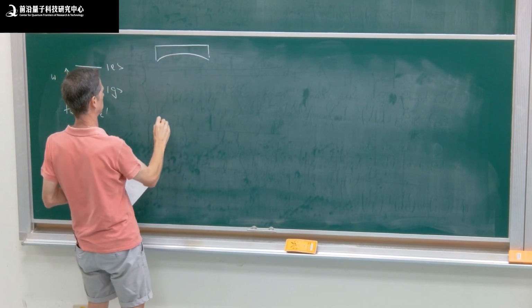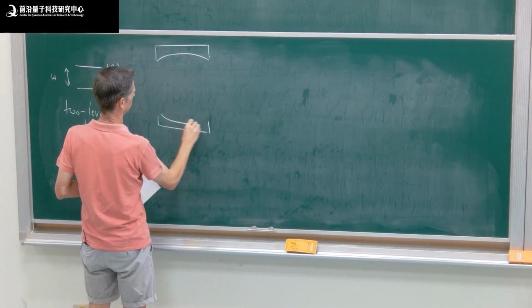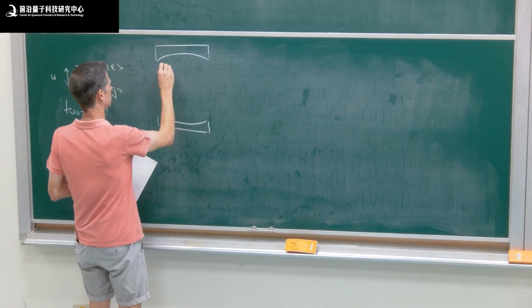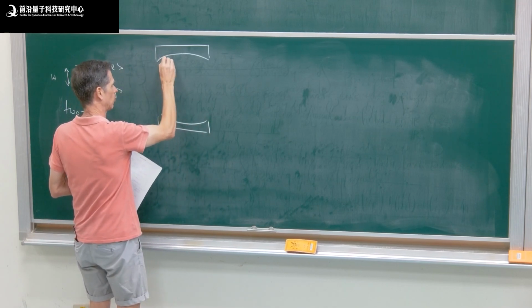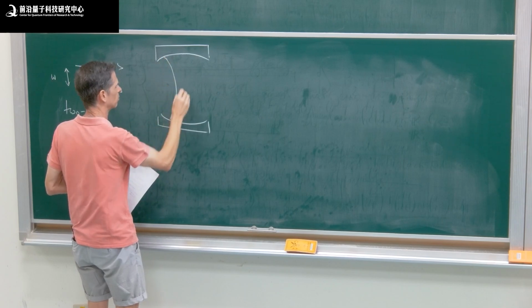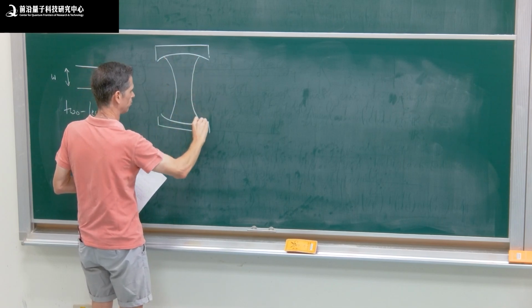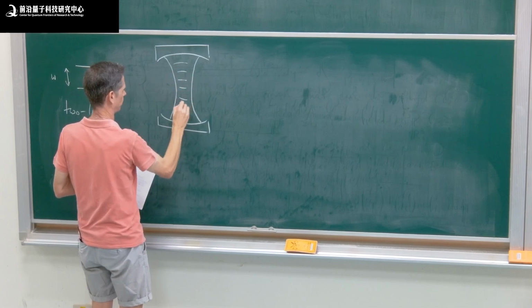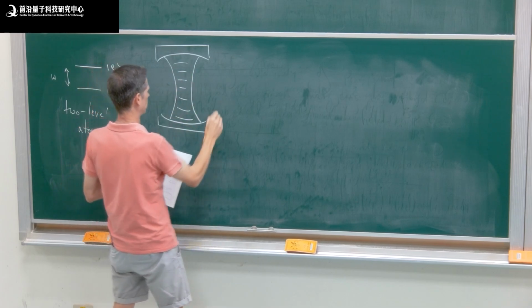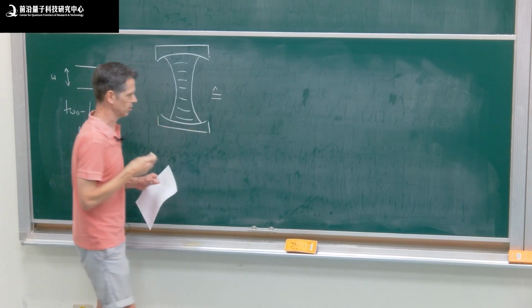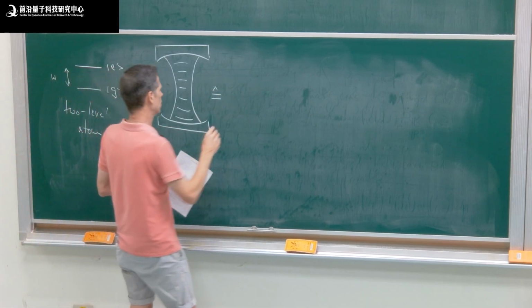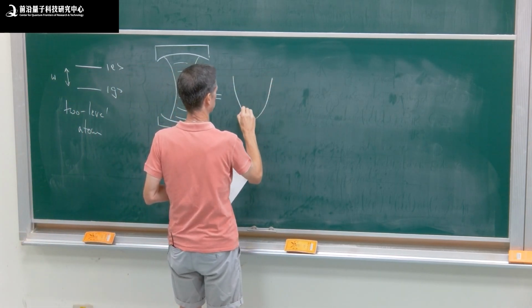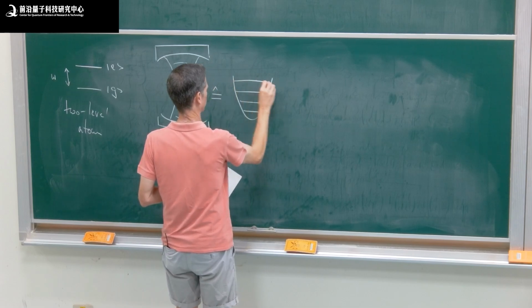This is one mirror, this is another mirror. By classical optics you have some confinement, the waist of your field mode, which has a standing wave structure, and corresponds in the quantum mechanical description to nothing else but a 1-dimensional harmonic oscillator.